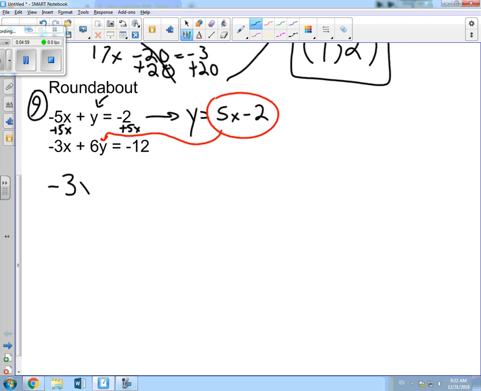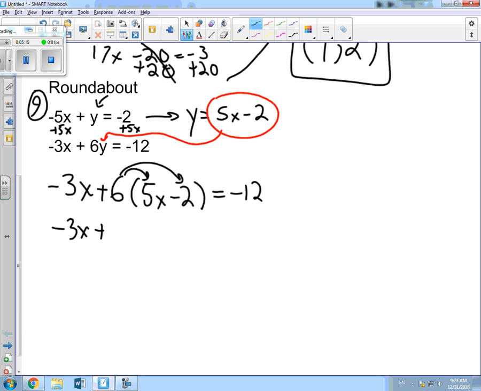Negative 3x plus 6, parentheses, 5x minus 2, close parentheses, equals negative 12. Now we're back to doing our multi-step equations. Negative 3x plus 6 times 5 is 30x.